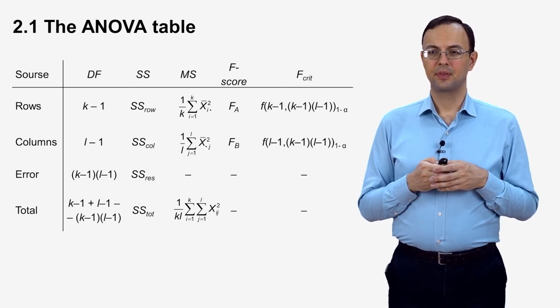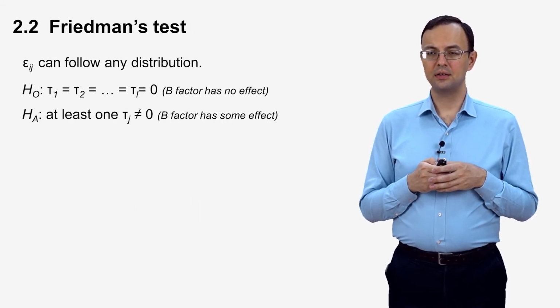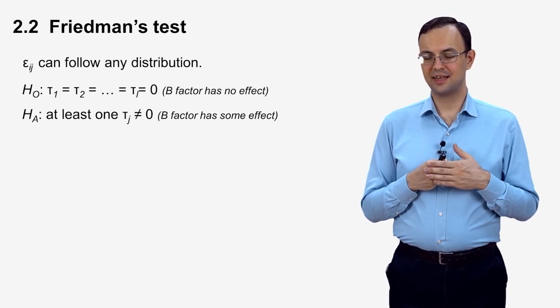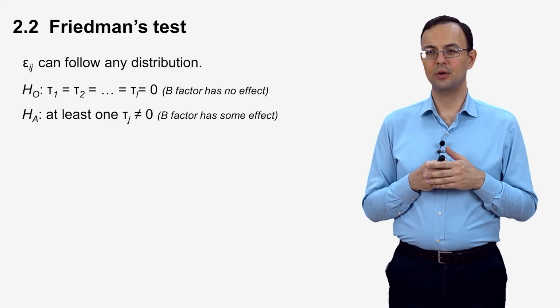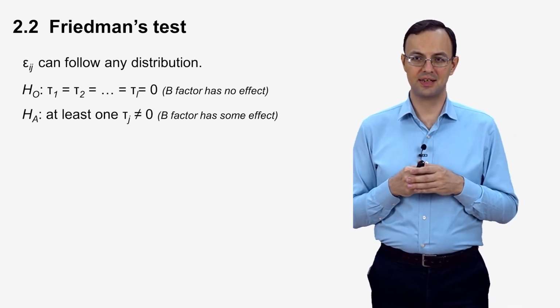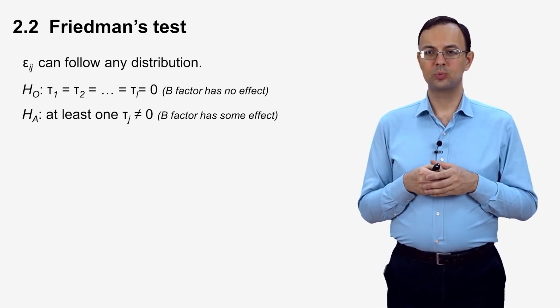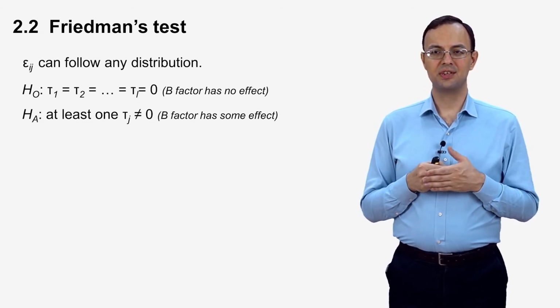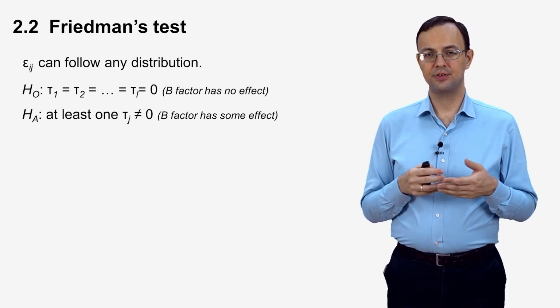Okay, so then instead of the Kruskal-Wallis test for one-way ANOVA, for two-way ANOVA we have Friedman's test when we don't assume normal distribution for our observations, and we test the same hypothesis as the Fisher's test.